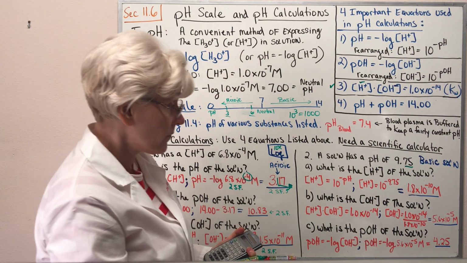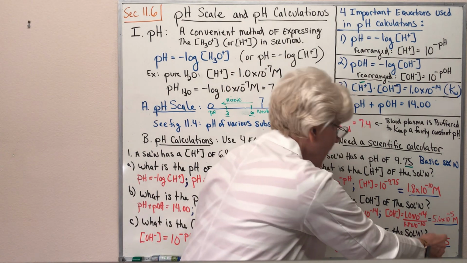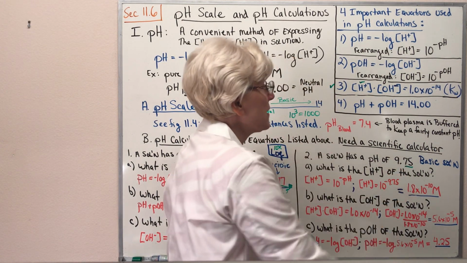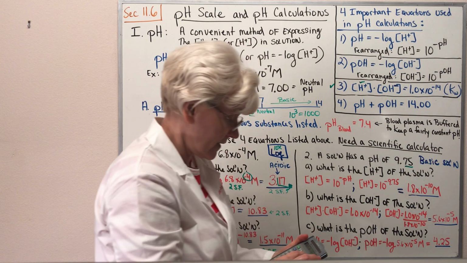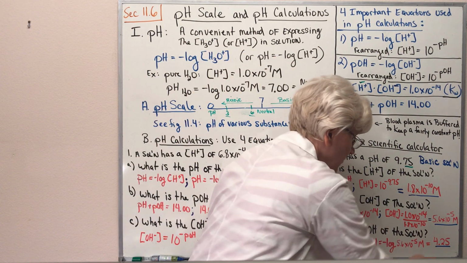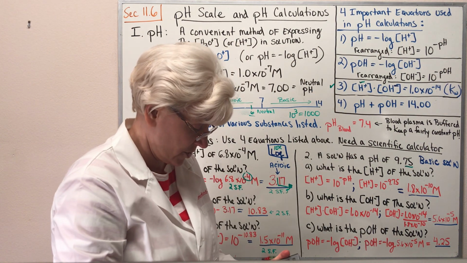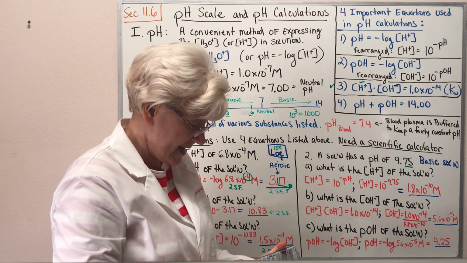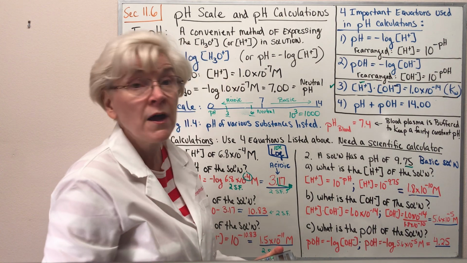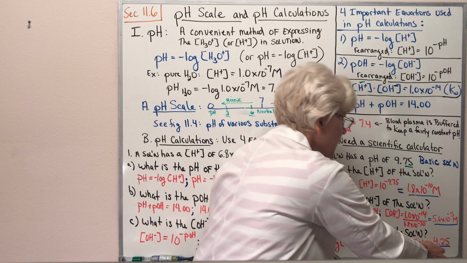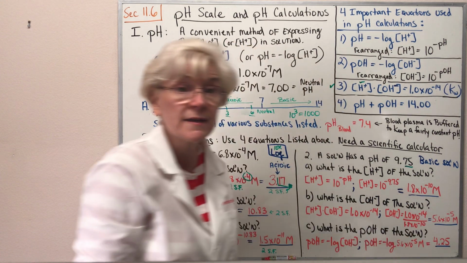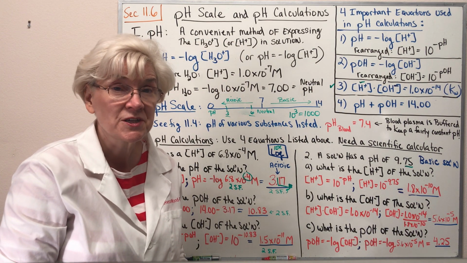And just a quick double check, our pOH plus our pH should add up to 14. So if we take that calculated value of 4.25 and add it to 9.75, we get a value of 14, a double check that we have done this calculation properly.